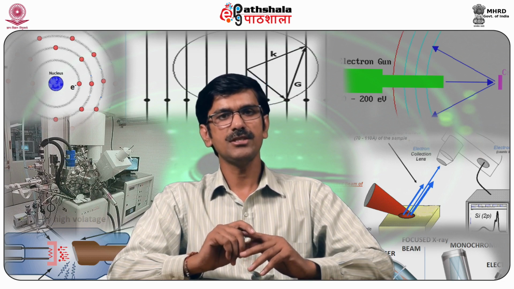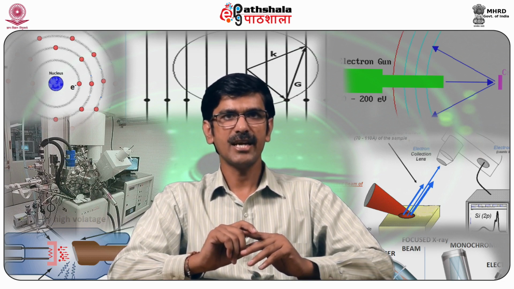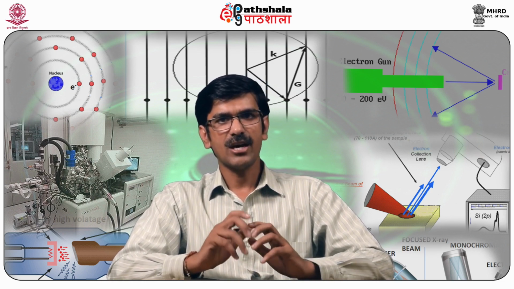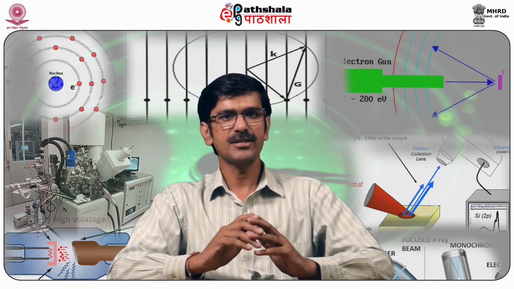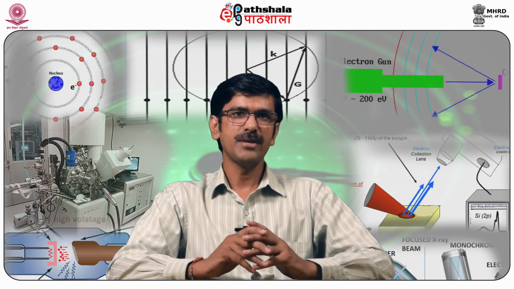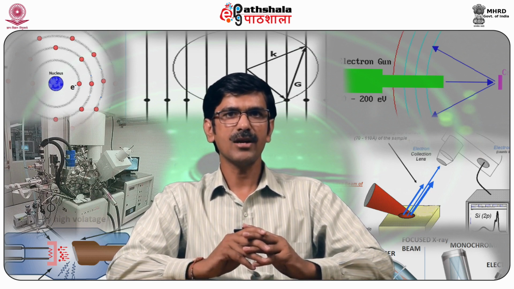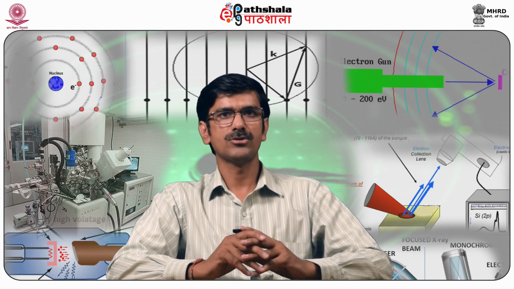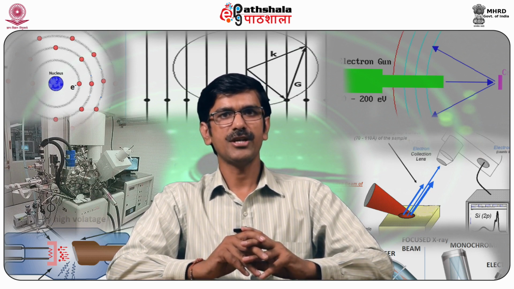Those lines of frequency which are less than the exciting line are called Stokes lines, and the others are termed anti-Stokes lines.